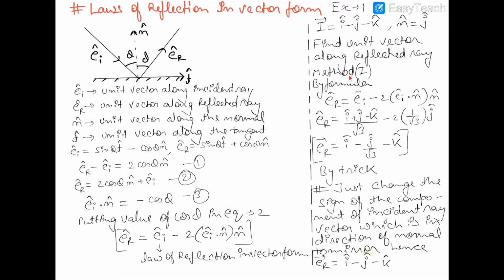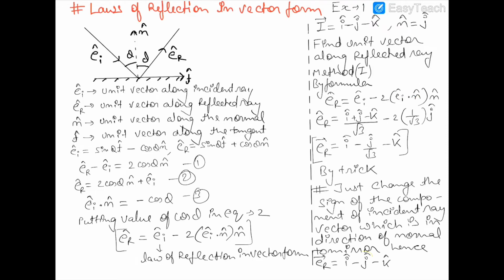So I am using method 1, in which I will use the formula which I have already created. By the formula we know that ER cap is equal to EI cap minus 2 (EI cap dot n cap) into n cap.